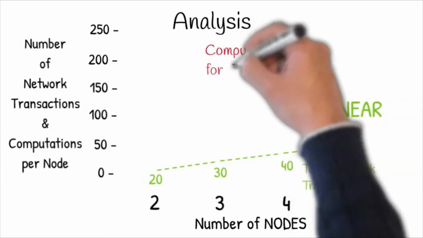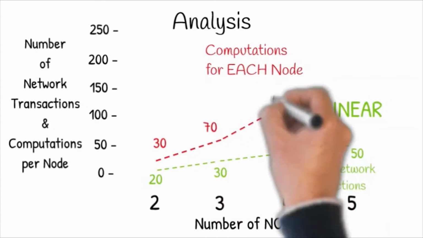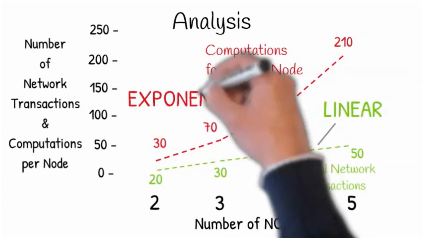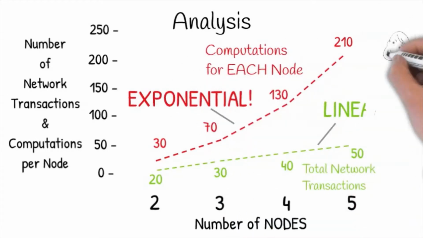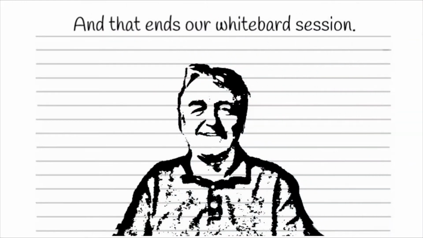The computations per node, however, expand exponentially. 30 with 2 nodes, 70 with 3 nodes, 130 with 4 nodes, and 210 with 5 nodes. You can see the acceleration of the line upwards. And that ends our whiteboard session.